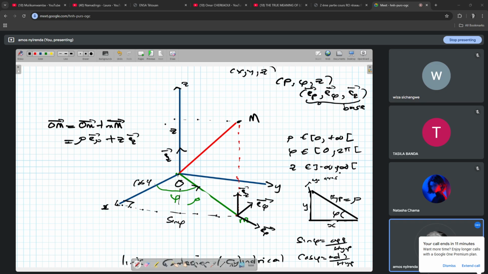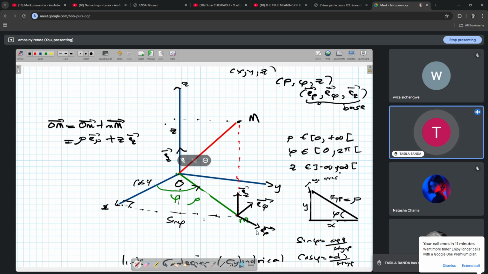C'est bon? Cylindrical coordinate system, Cartesian coordinate system, ça va? Is that a question? Okay, ask your question. When you differentiate those two vectors, are they supposed to be perpendicular to each other? What vectors?